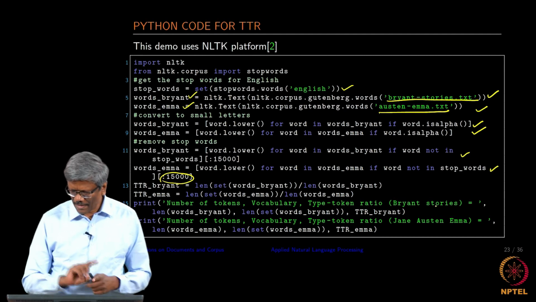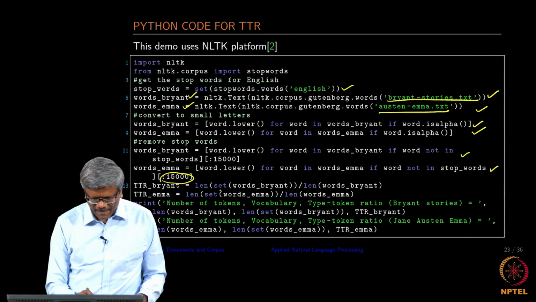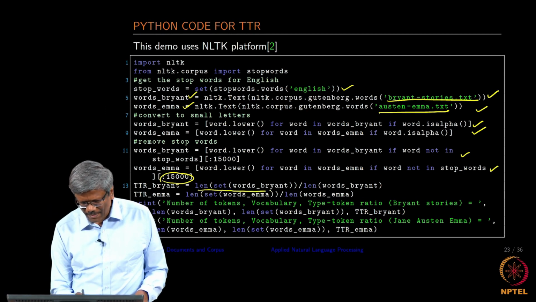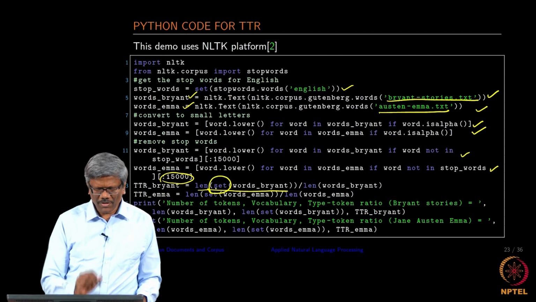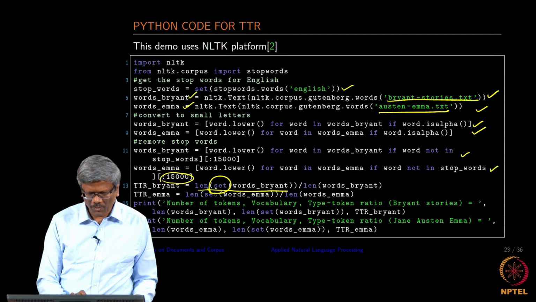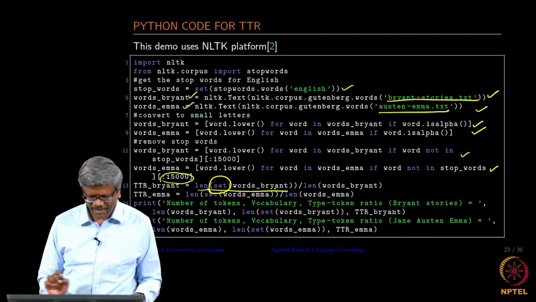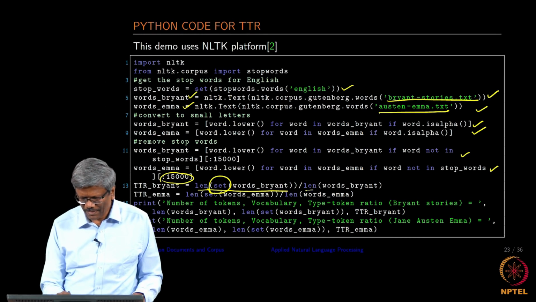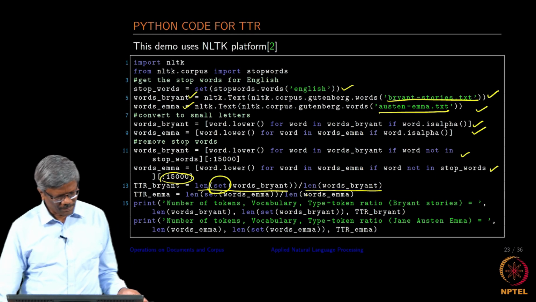When I perform the operation, you can see that the unique vocabulary is represented by the set here. When you use the set operation, it automatically removes all the duplicate words and keeps only the unique set as the vocabulary, and then you get the total number of words in the given corpus.